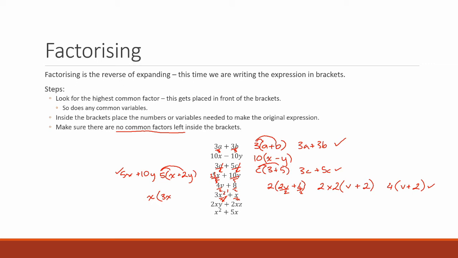And here, if I divide x by x, anything over itself is 1. Okay? So if you ever divide out everything, factor out everything in one of your terms, then you're always still left with 1. Okay, and it's important that we do that, because let's expand this again. So x times 3x is 3x squared, and x times positive 1 is plus x.